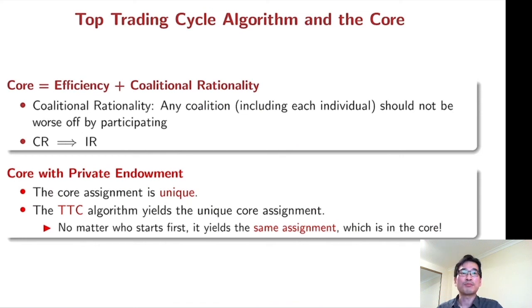In the assignment problem with private endowment, the core assignment is unique. And importantly, the top trading cycle algorithm gives the unique core assignment. No matter who started first, it gives us the same assignment, which is in the core.